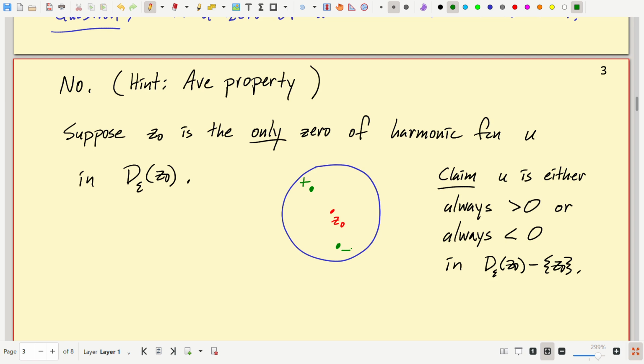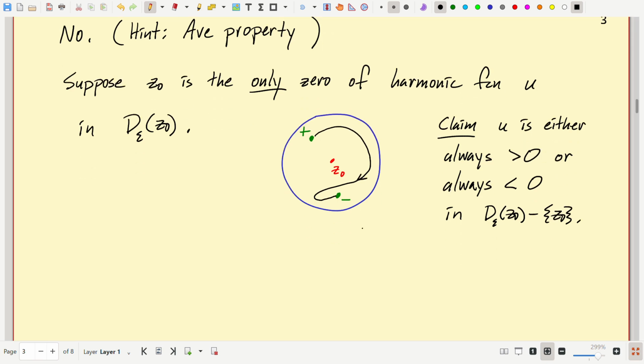In fact, this is a connected set, so I could take a curve that starts at this one and goes around to that one. There'd be a curve gamma, and I'd parameterize it by z of t, as t ranges from a to b.